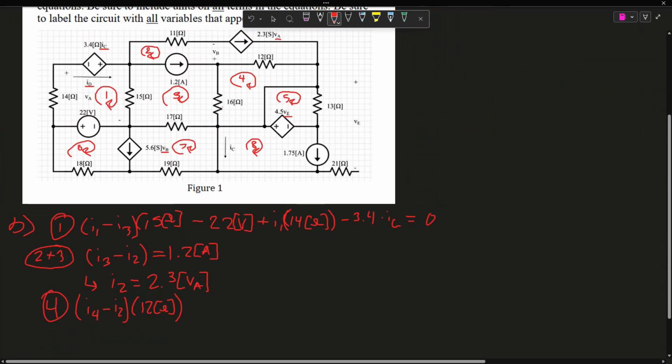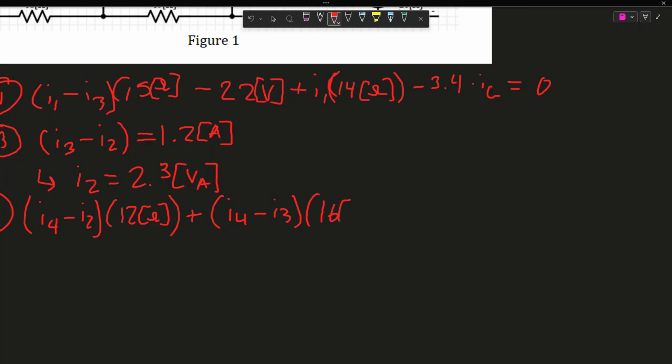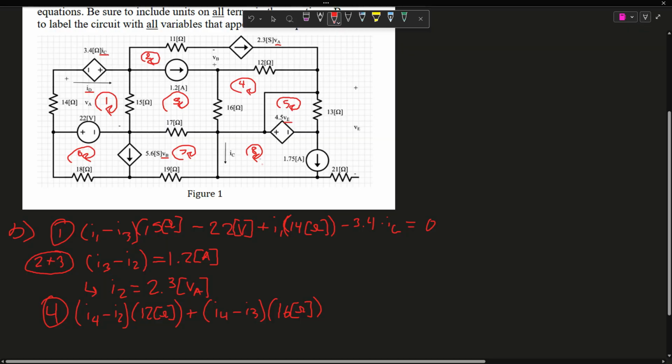And then we now have this one. So I4 minus I3 times 16 plus that's our voltage there. And then that's it for the whole loop.